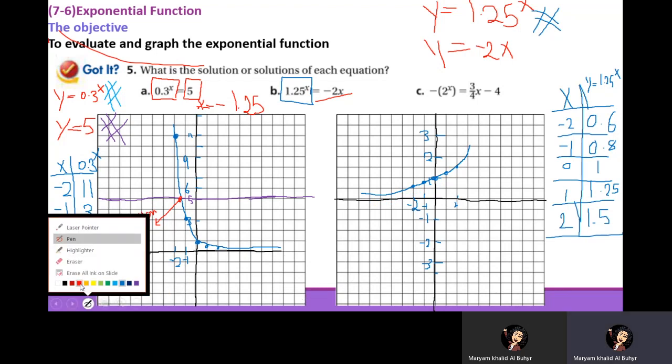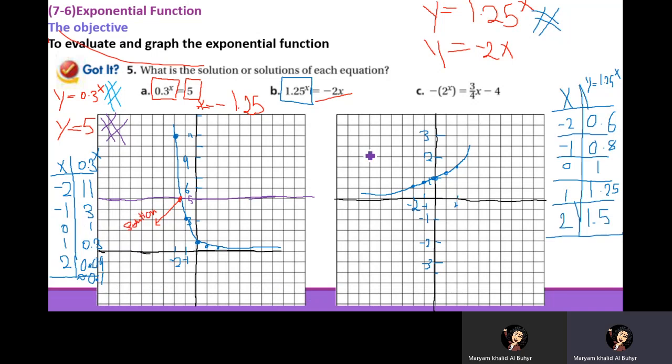Then you have the other one. This is corresponding to the form y equals mx plus b. So your b here is equal to 0, your m is equal to -2.